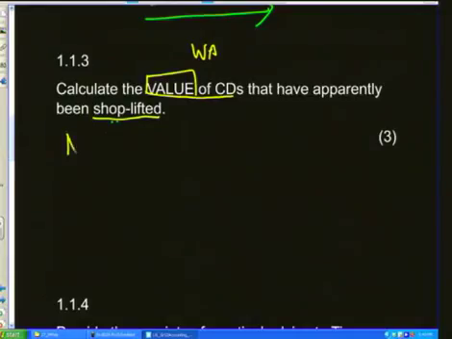So it's usually going to be the number of units that you have. And once you've calculated the weighted average, it is like a magic number that you use in almost every question. You use it again and again and again. Once you have it, you use that to value your closing stock, you use it to value your cost of sales, you use it to value any items that have been stolen or lost or damaged.